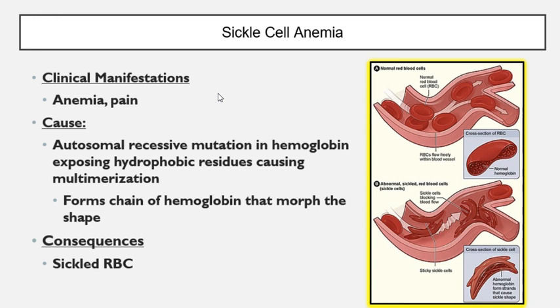If I'm heterozygous, I don't have it, but I can pass it. Yeah, so it's called being a carrier. I didn't decide if I wanted to talk about that or not, but that's very much a thing to be considered. If you're heterozygous and then you mate with someone who's also heterozygous, you have a 25% chance of your offspring having sickle cell anemia.